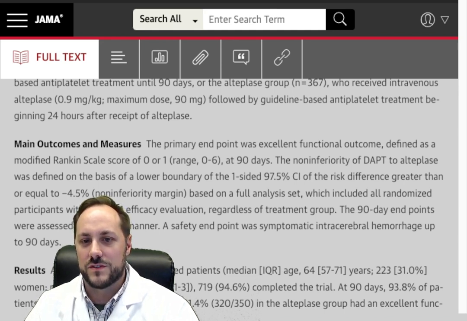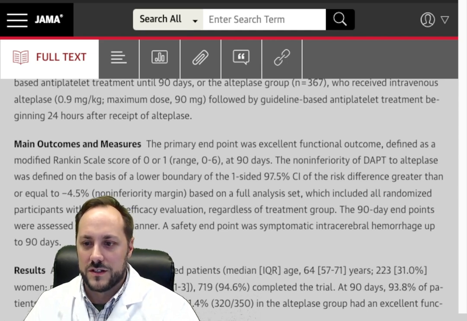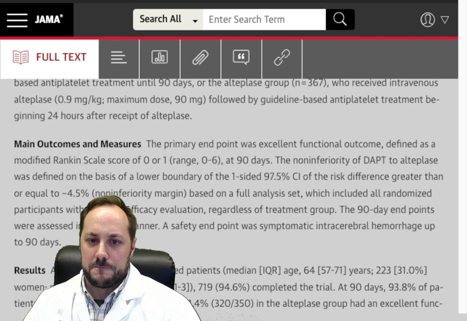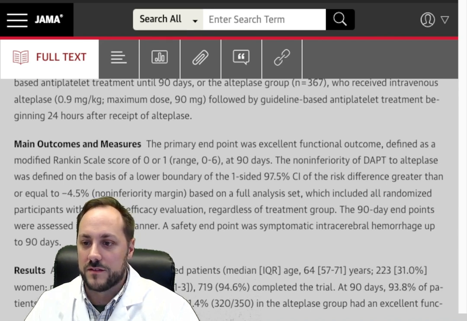We do this over the telephone when we do follow-up calls 1 month after being in the hospital, or when patients come into clinic. Actually, sometimes we're seeing them over video, just like this, except in an interactive way. And we're typically documenting a modified Rankin scale in our charts at 1 month.